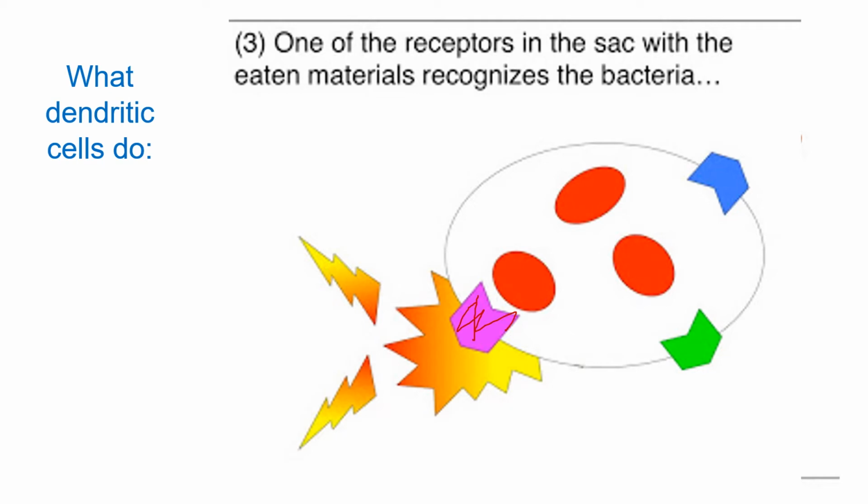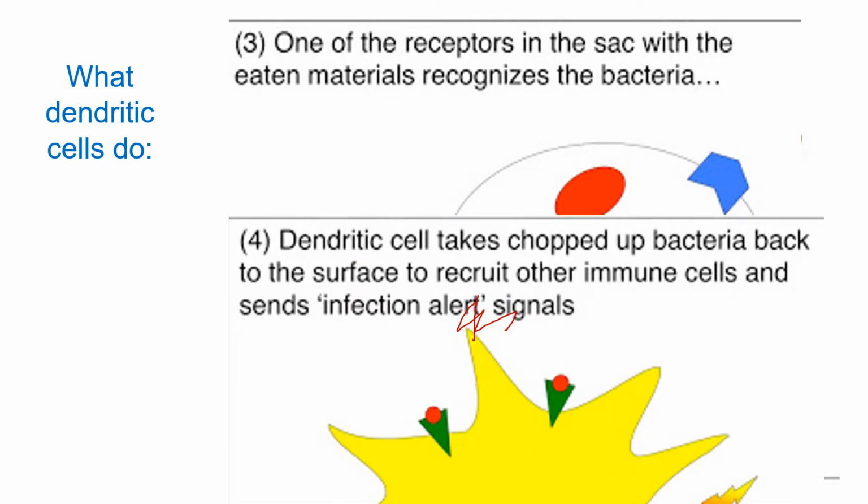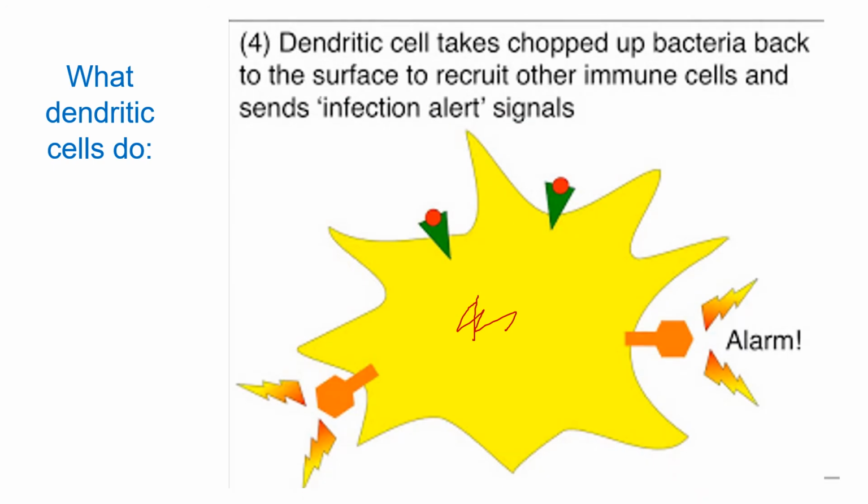You can see the lightning bolts are representing a signal being sent out. So what kind of signal? It's a signal on the surface of the cell, and the cell says, hey, the rest of the immune system, come check this out. So it will recruit other immune cells. So like I said, it's like a security guard, and it's going to attract other immune cells, which we will talk about later and in the next unit.